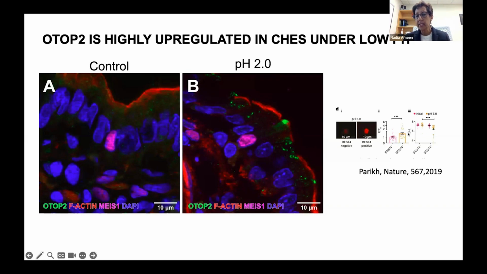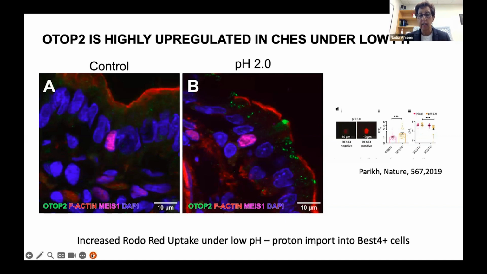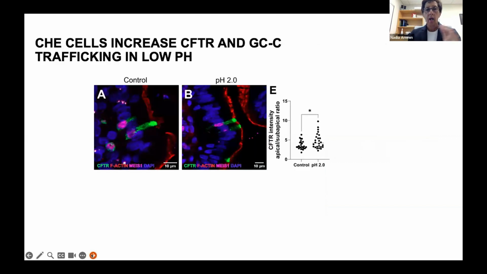I'm not showing you this data, but we have new data using the same rhodo-red dye in our chi cells in the small intestine, confirming that indeed the chi cells are functionally proton importers. So they're sensing and taking up the protons into the cell, similar to the BEST4 positive cells in the colon. So what about CFTR in the chi cells in response to low pH?